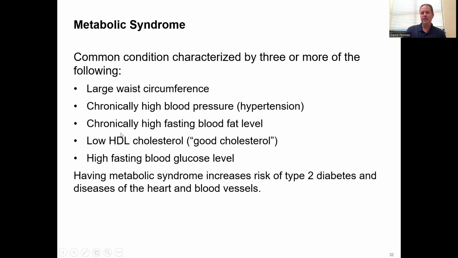The HDL is the good, quote unquote, good cholesterol. We'll talk about these a little more when we get to the lipid chapter. But this is actually a helpful version of cholesterol. It helps to get rid of some of the cholesterol in the body. But if that gets too low, that's just one of these criteria for metabolic syndrome. And then, of course, having high blood glucose levels.